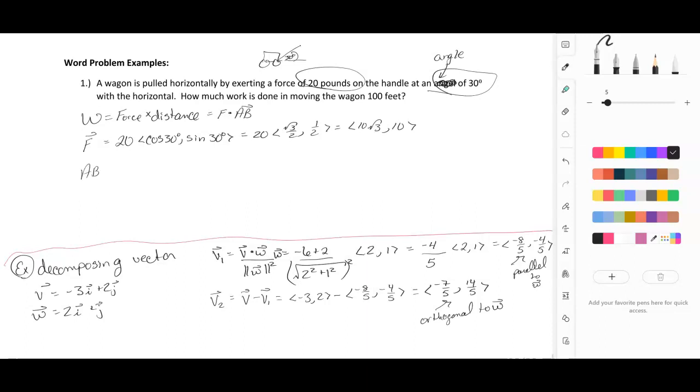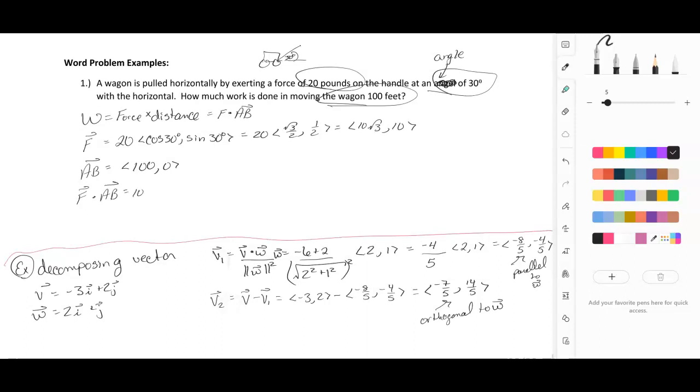So what's my AB vector? Well, my AB vector is how I'm moving. And because I'm just moving in a horizontal direction, I can think about it in terms of an X and a Y coordinate. So there's my vector moving 100 along the horizontal. So find the dot product.